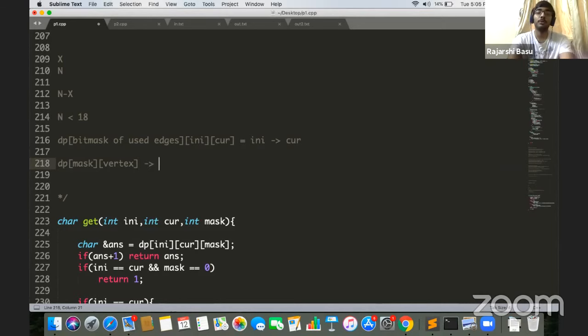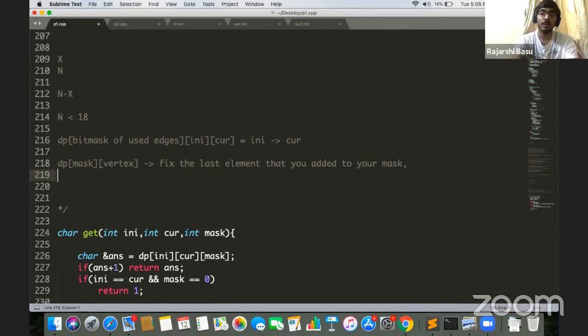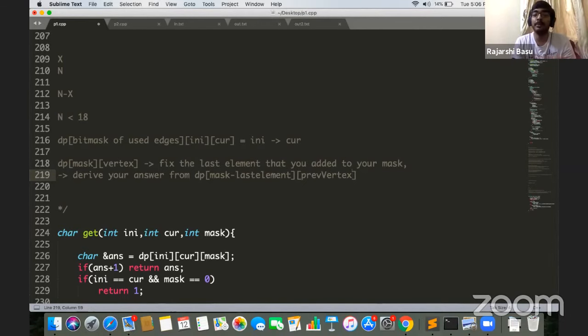Now, what you want to do in the transition is fix the last element that you added to your mask, and then derive your answer from dp[mask minus last element] and the previous vertex. I'm saying vertex here, but the second state depends on what the problem is. So you want to derive your answer from a shorter bitmask.